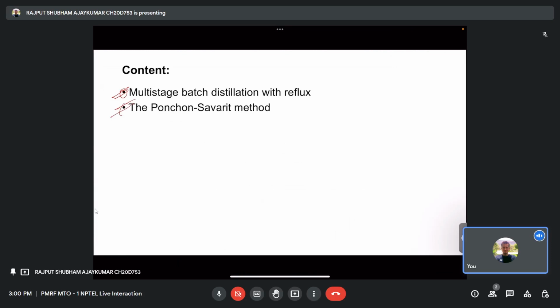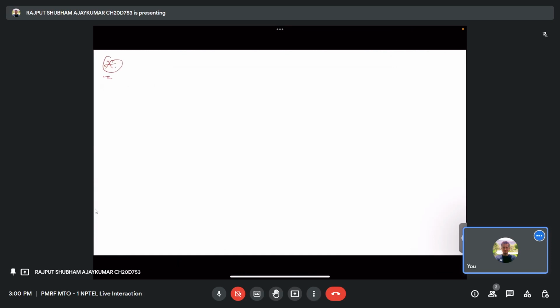So we'll begin with multi-stage batch distillation with reflux. So I will write it up now. Multi-stage batch distillation with reflux.